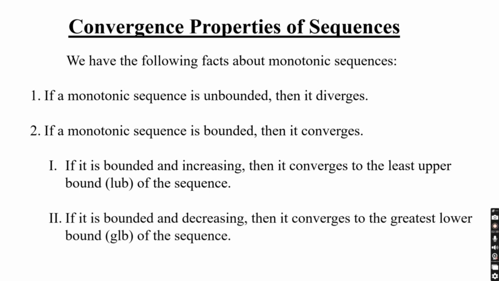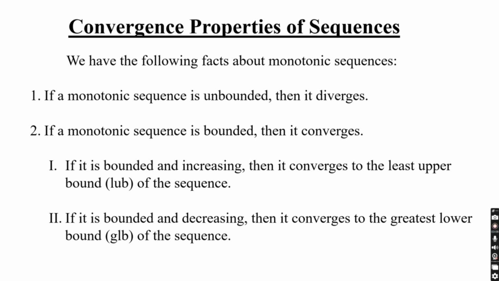The second one is, if it is bounded and decreasing, then it converges to the greatest lower bound of the sequence. When we say the value is bounded and decreasing, which means 5, 4, 3, 2, 1, then the value converges to the greatest lower bound of the sequence.